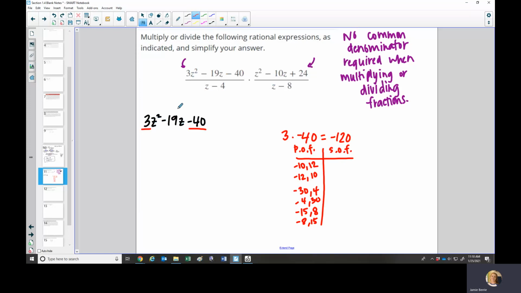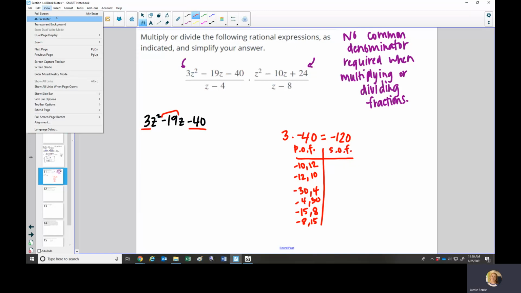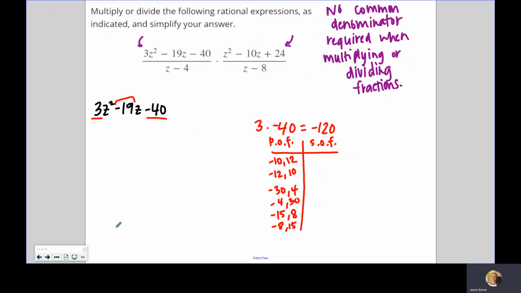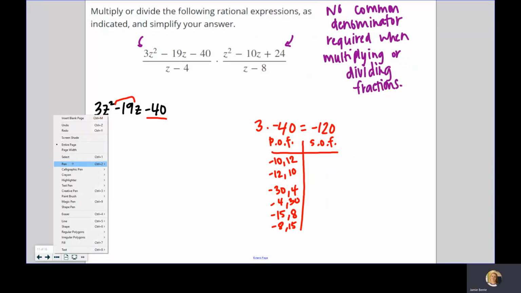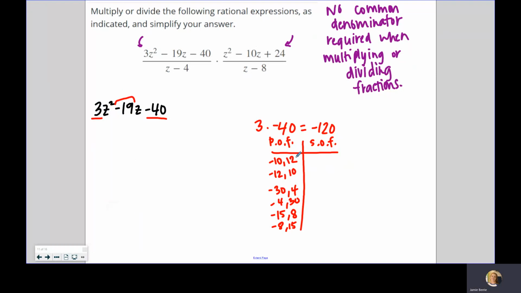All right, let's add these up. We're looking for the coefficient on the middle term here, which is negative 19. I'll put this back on full screen. So we're just adding these factors together. Negative 10 plus 12 gives you positive 2. Negative 12 plus 10 is negative 2.